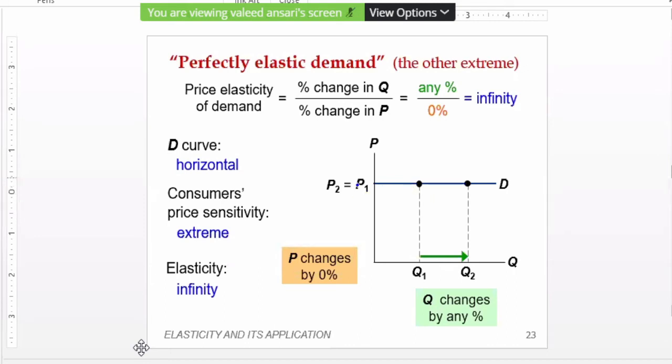So here the percentage change in price is 0. Price is this much. So if you divide any percentage change in Q by 0, it will give the elasticity, which will be infinitely elastic.